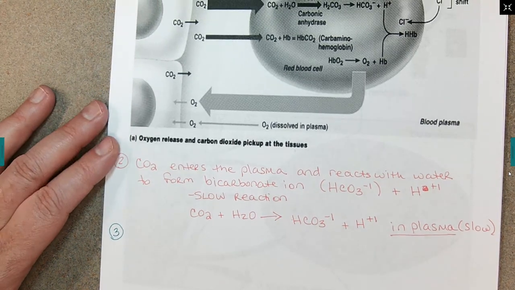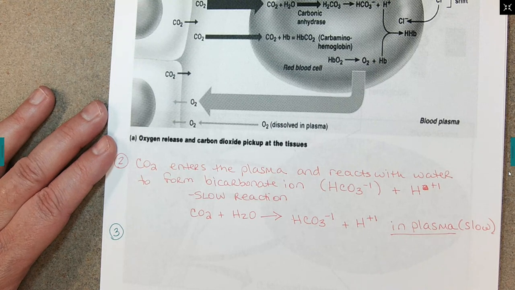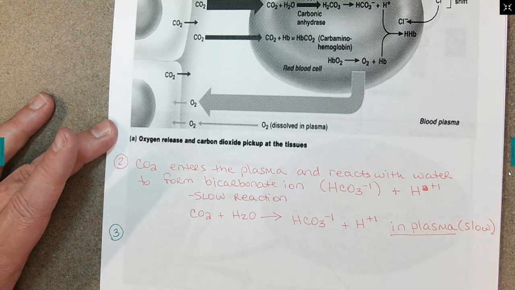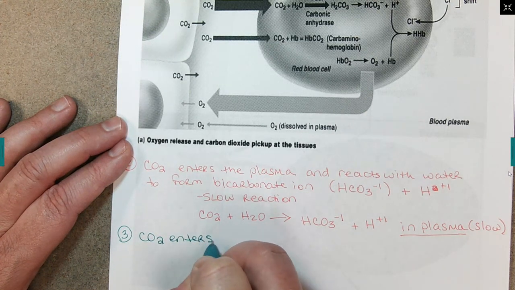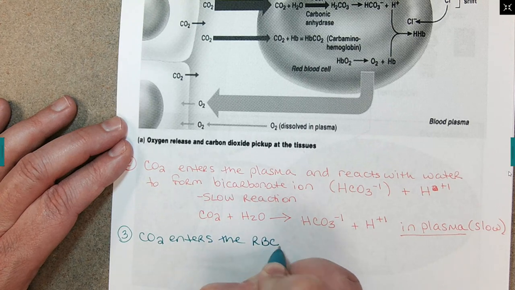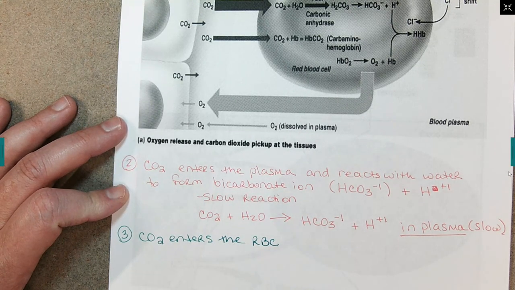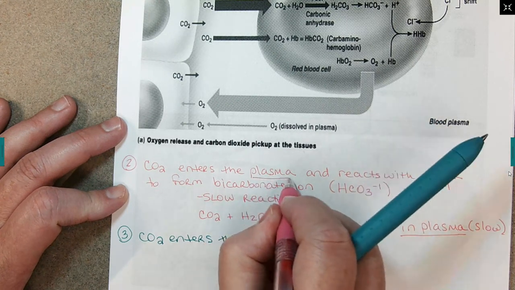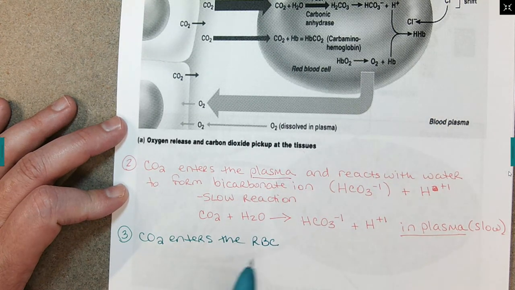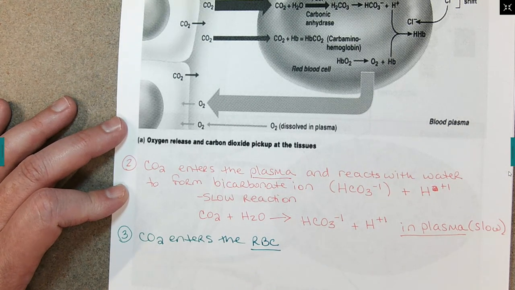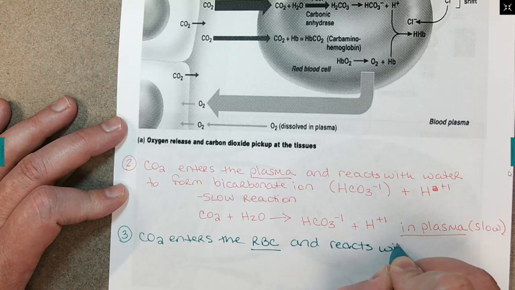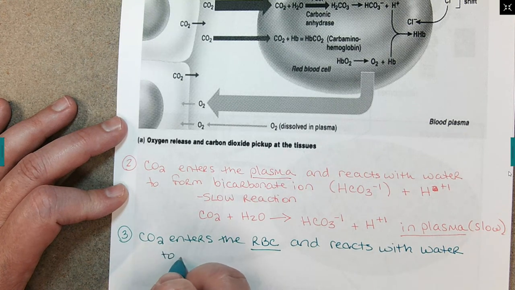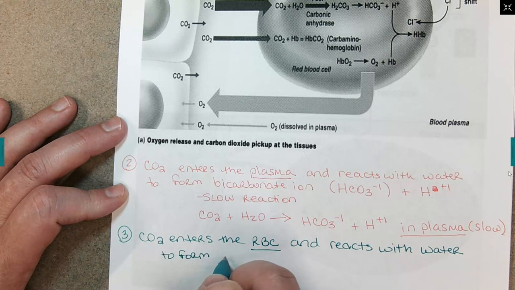Okay, so the third way that we're going to take a look at, and this is going to sound super familiar. We have carbon dioxide enters the red blood cell. So in number 2, we have it entering the plasma, but in number 3, we have it actually going into the red blood cell and reacts with water to form, sounds awful familiar, right?